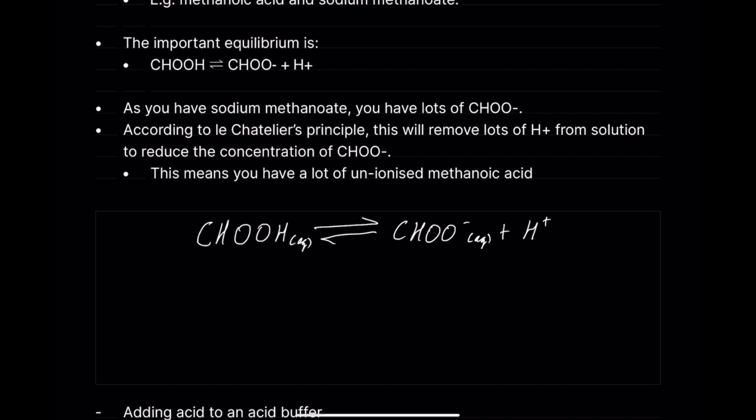It is an acid, so it does dissociate H plus ions in solution, but not strongly because it's a weak acid. And now you have the second type of equilibria, which is the salt of the weak acid, sodium methanoate. You don't have to draw the minus and the plus, just to show you that it is a salt. It has those two properties, and they just cancel each other out.